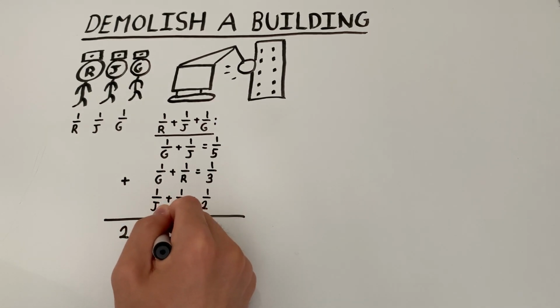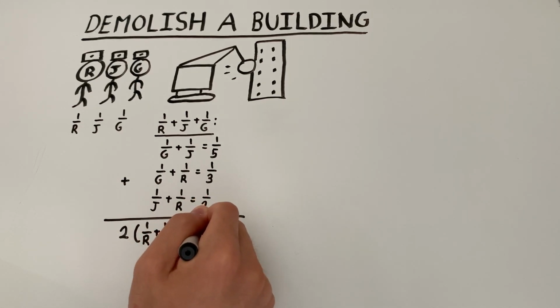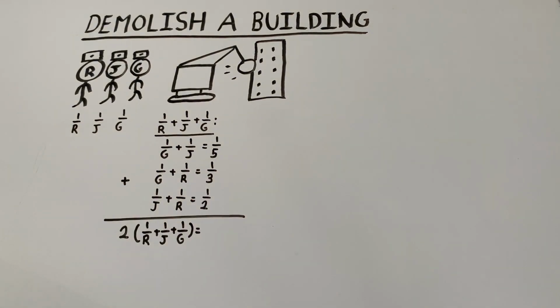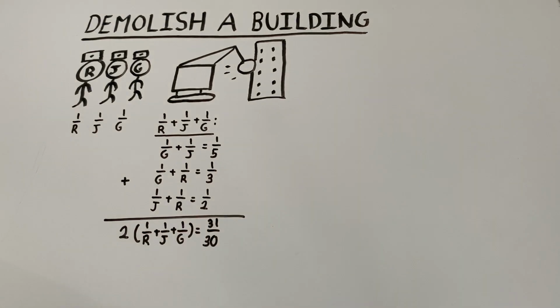Because when we do that, we'll get that twice the sum we're looking for is equal to 1 over 5 plus 1 over 3 plus 1 over 2, which ends up being 31 over 30.